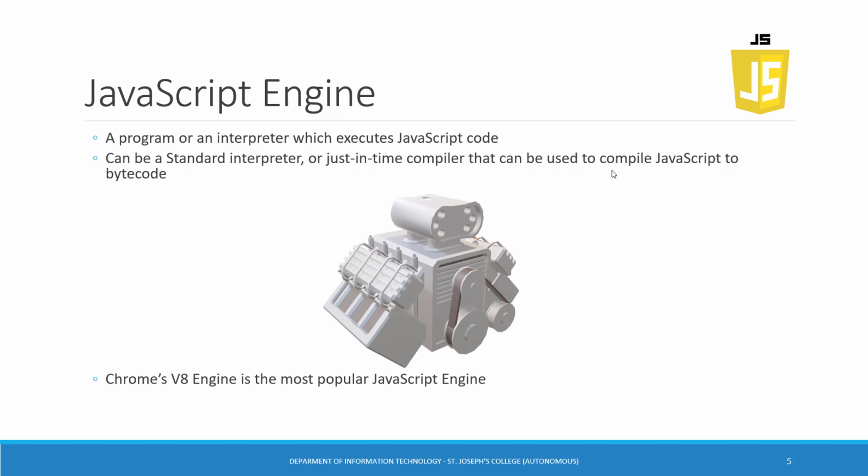The V8 engine translates JavaScript code into more efficient machine code instead of using an interpreter. It compiles JavaScript code into machine code at execution by implementing a just-in-time compiler. Follow the exercise to know more about the JavaScript engine.